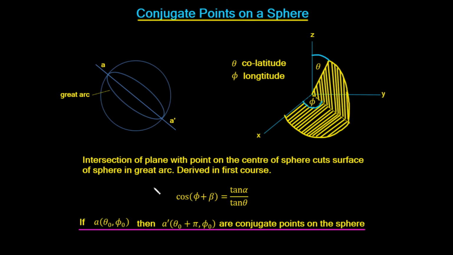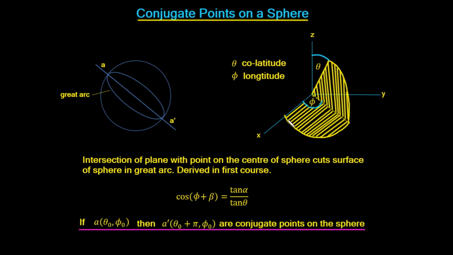Now what we want to be able to show is that if we have a point A, which is given by the angle theta naught, comma phi naught, that gives us a point on this surface. Then we're going to look at the point which is diametrically opposite, and that is going to be given by the point A dash, which is going to be the angle phi naught.